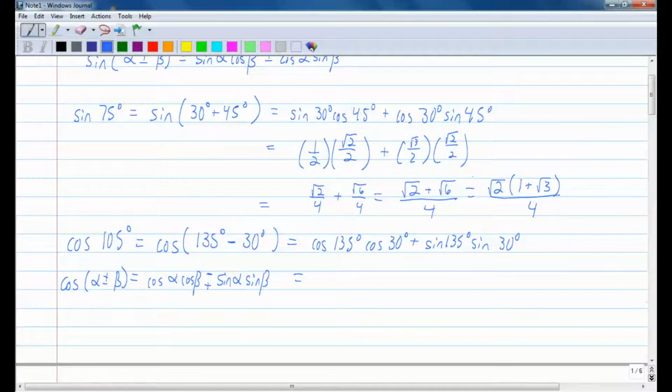So cosine is going to be negative square root of 2 over 2, the cosine of 135 degrees. The cosine of 30 degrees is square root of 3 over 2. The sine of 135 degrees, again, I would use a unit circle, go to 135 degrees, and look at the ordered pair, then use the y term, since we want to know the sine. So that's positive square root of 2 over 2. And then the sine of 30 degrees is 1/2.